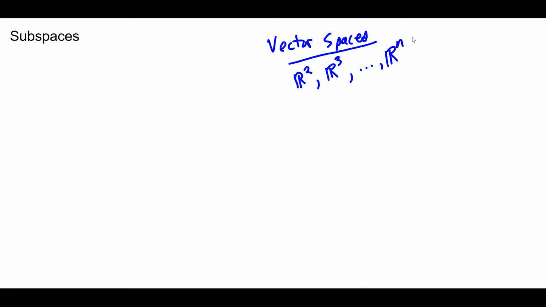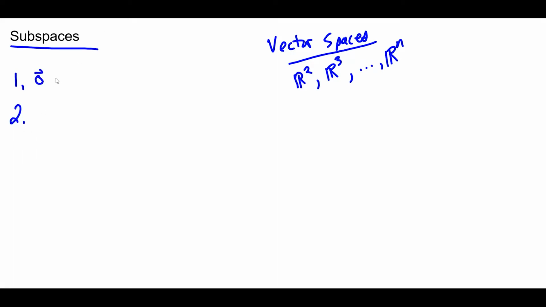And there are other vector spaces that aren't these generic ones that we use a lot. But a subspace is some subset of a vector space that still has some of these nice properties. So a subspace of a vector space is a set of vectors that has three properties.